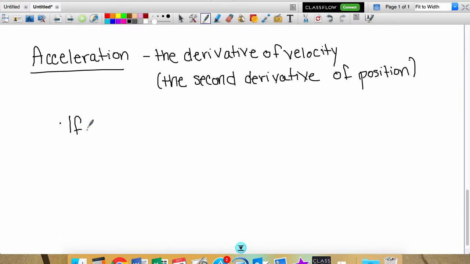Couple of things to note. If the slopes of the position function are increasing, the acceleration is positive.